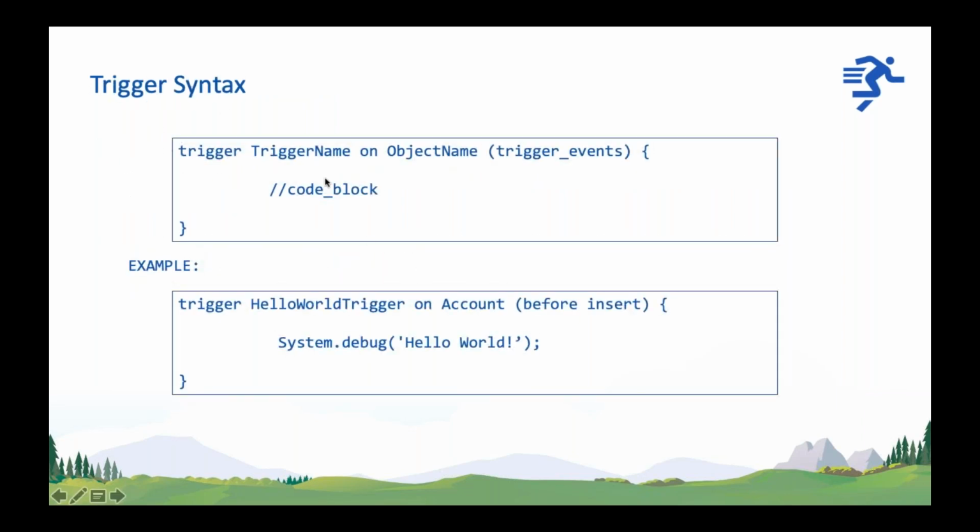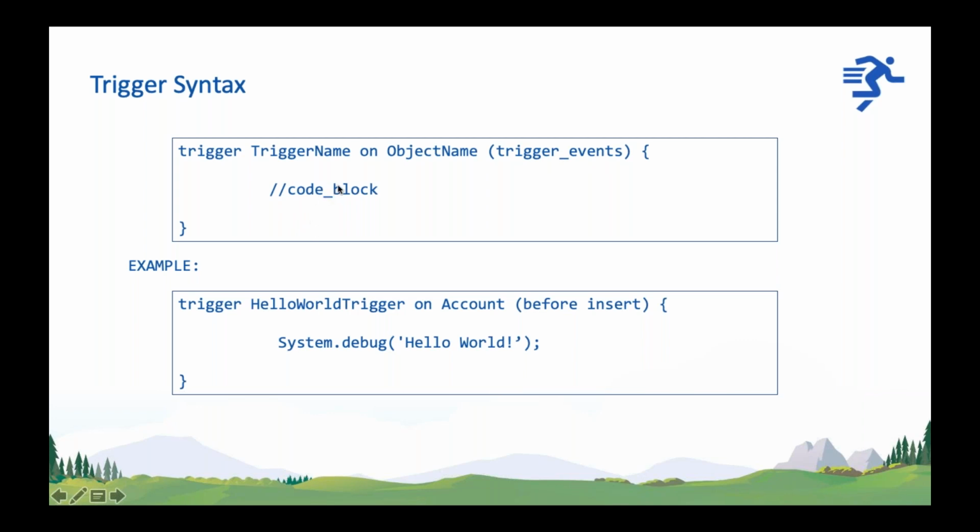This is the syntax of a trigger: trigger name, on object name, trigger events, and the code block. A trigger will not have a class or method. It will have the trigger name, on object, events, and the code block.